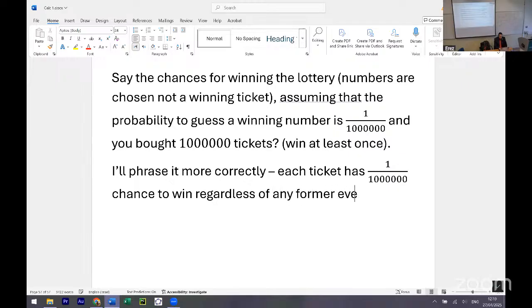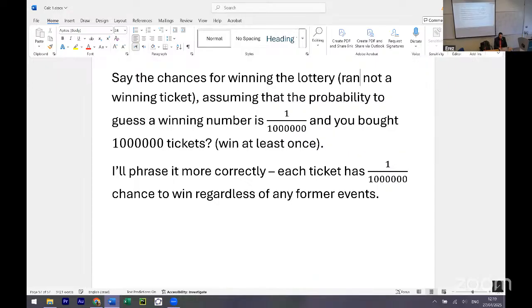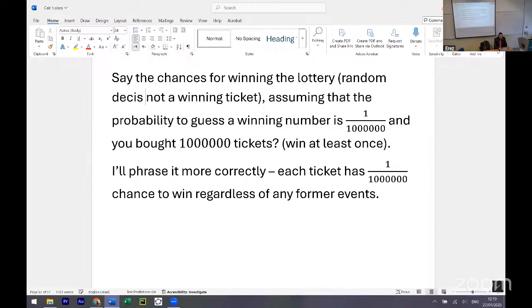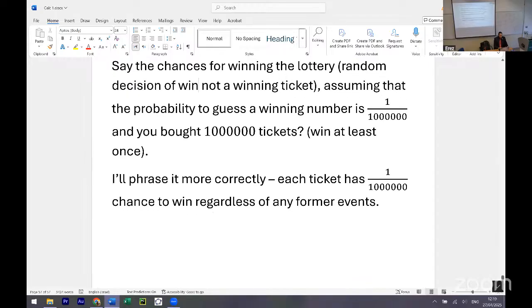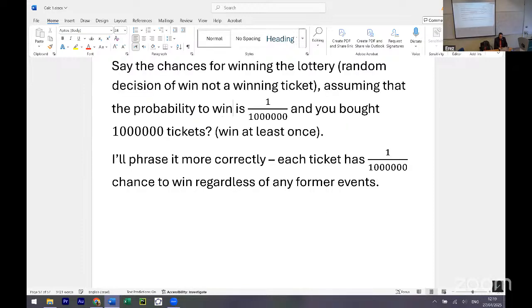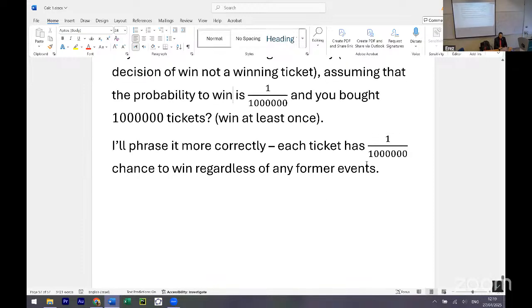That's what I mean. So for every ticket, you get some kind of random seed and you decide winning or not winning, and the chance of winning is 1 in a million. I won't say numbers are chosen. Random, and a decision of win, and the probability to win. Okay, so now it's correct.